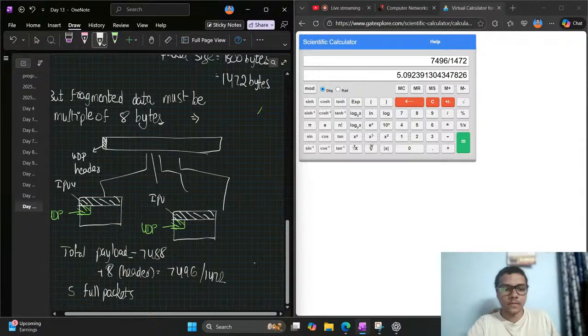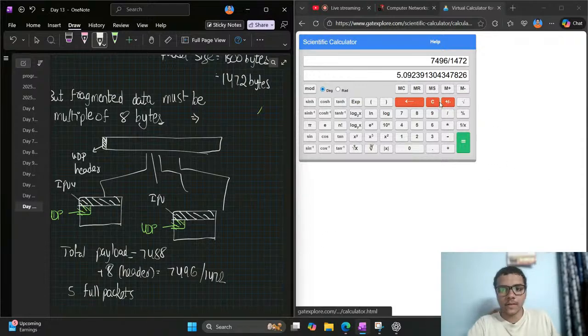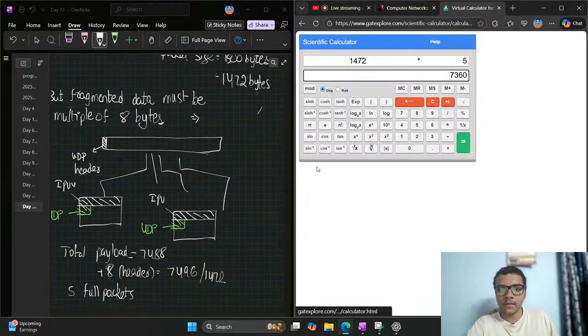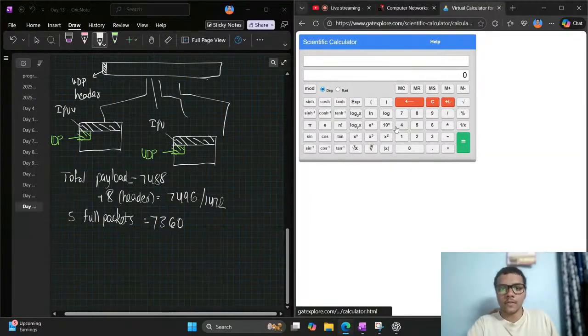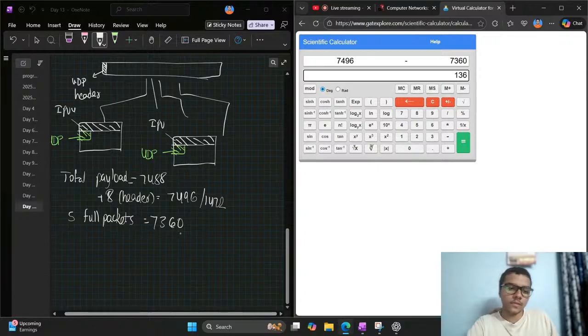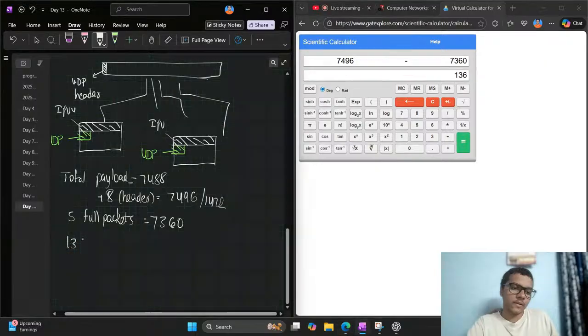How much can 5 full packets carry? 1472 times 5 is 7360. So 7496 minus 7360 is 136 remaining.